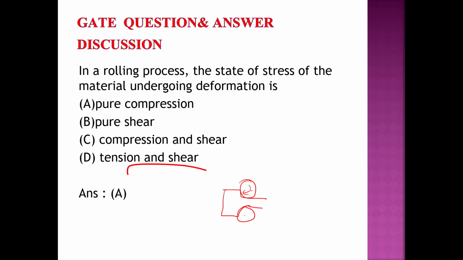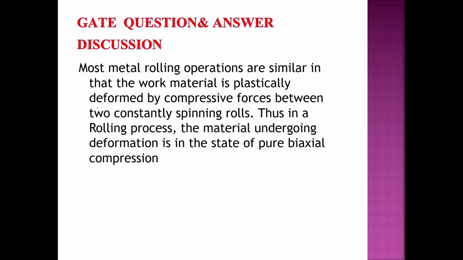Two rollers are rotating in opposite directions, so it is compression only. Most metal rolling operations are similar in that the work material is plastically deformed by compression force between two constantly spinning rolls. Thus, in a rolling process, the material undergoes deformation in the state of pure biaxial compression.